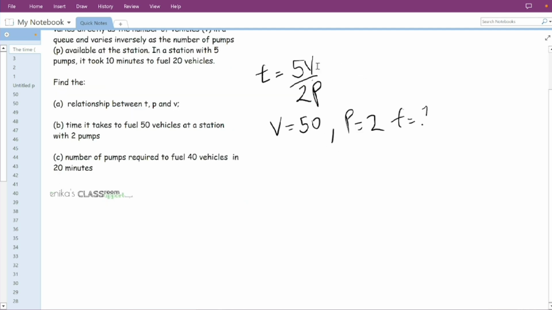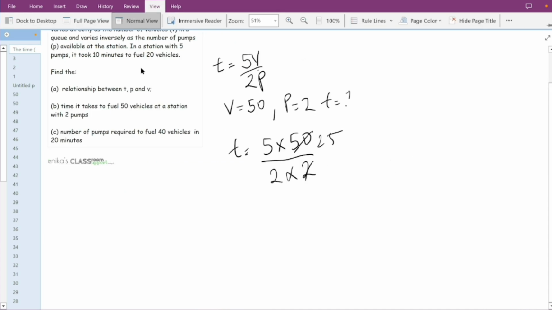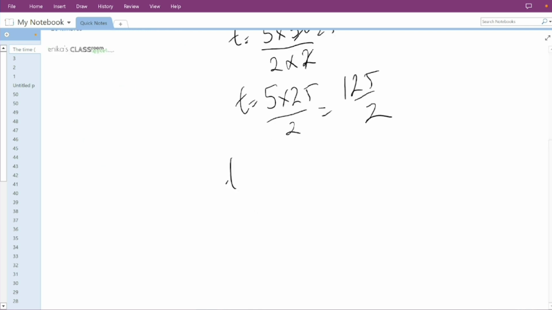Insert V into the equation and also P here. So we have T equals 5 times 50 over 2 times 2. We can say 2 here 1, 2 here 25. We can cancel it. T equals 5 times 25 over 2, which is 125 over 2.